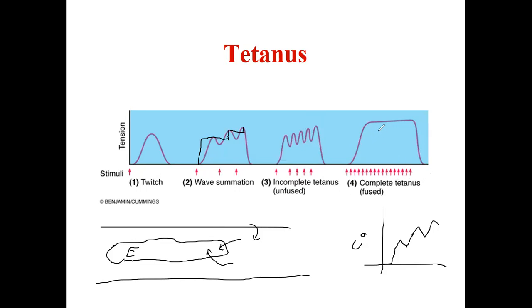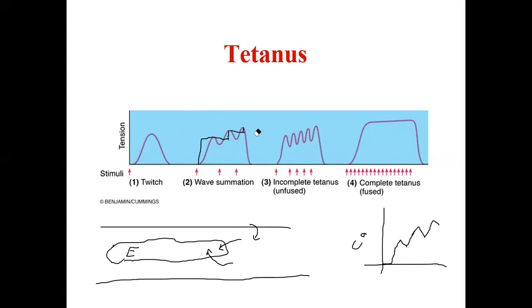Tetany is that state of continuous muscular contraction. So between this twitch and maybe another twitch here, there is no continuous muscular contraction. But when you start to add up one wave to the other, with increased stimulation, the waves will start to fuse.